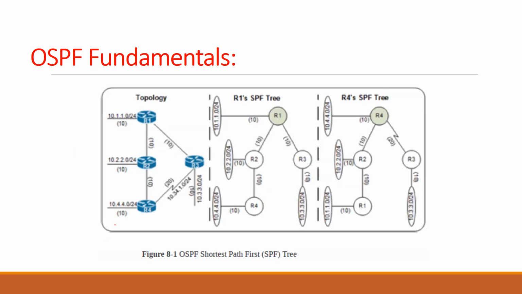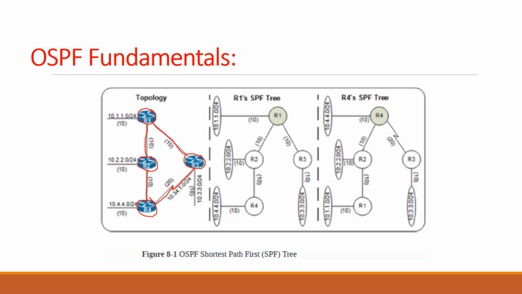Let's give an example with 4 routers: R1, R2, R4, and R3, connected in this way. R1 is connected to R3, R1 is connected to R2, R2 is connected to R4, and R4 is connected using a serial link to R3.